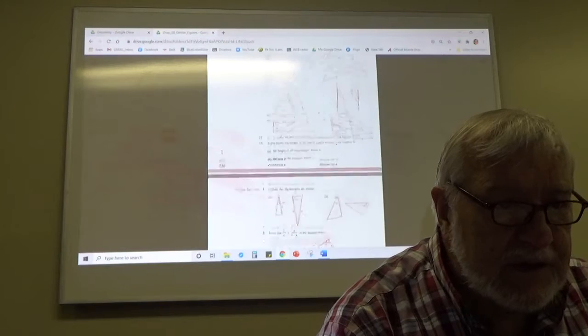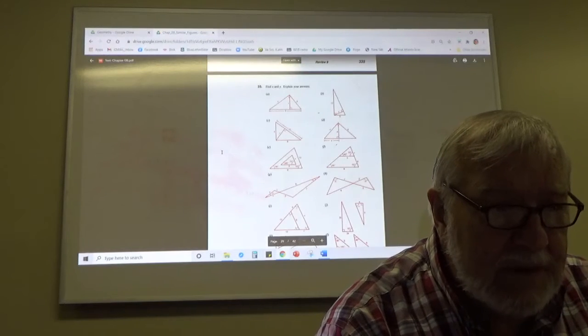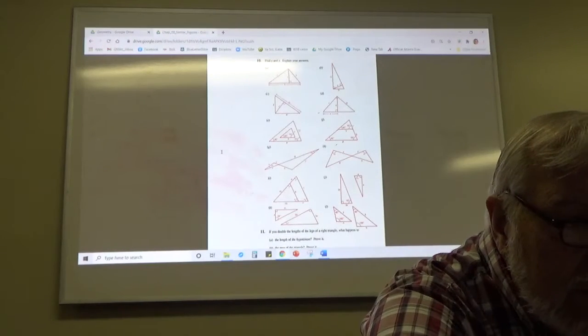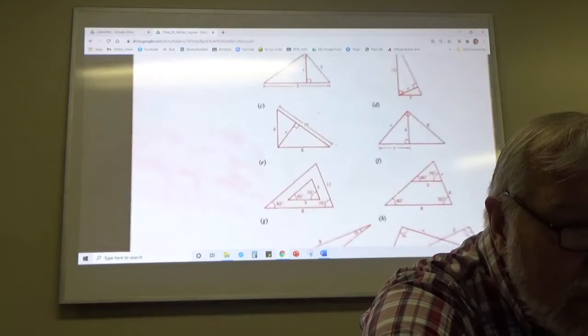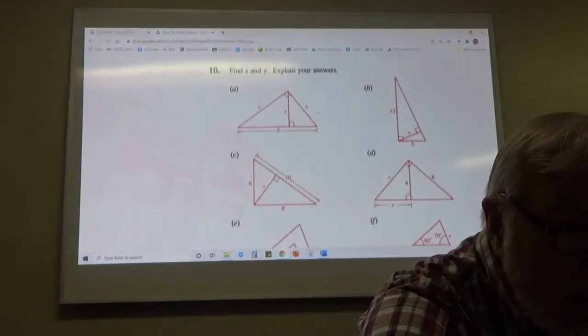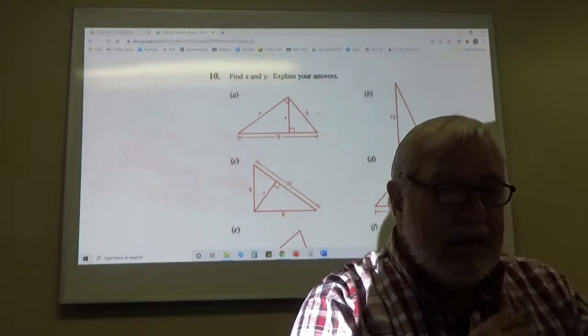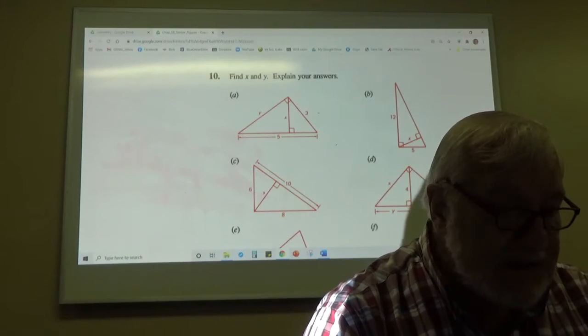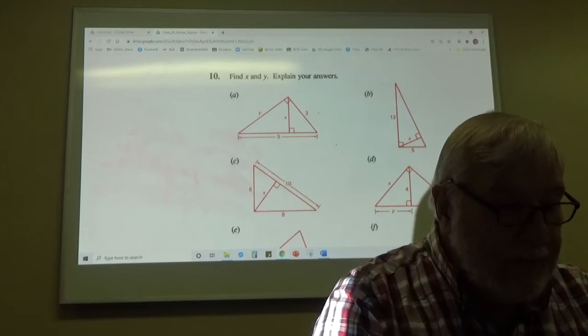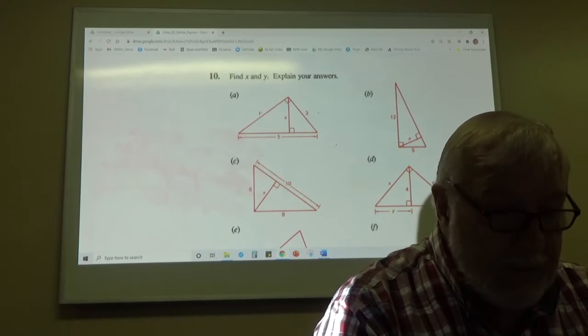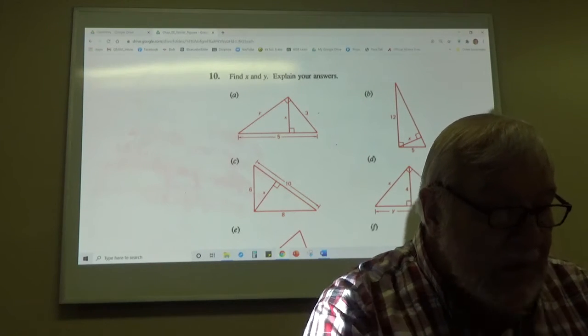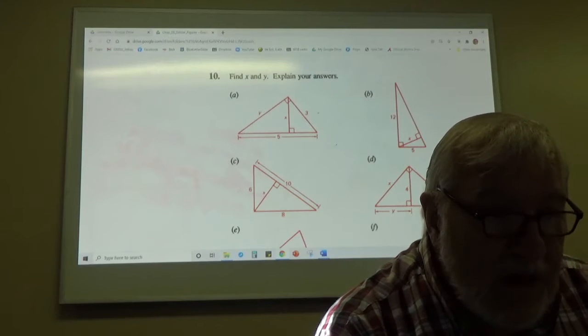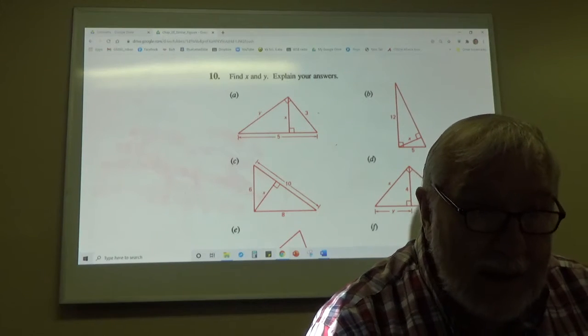Okay, 336. All right, now, this is the material that we were going over last week. So for problem number 10, this is on page 336 of the skill review, you're supposed to find the x and the y.